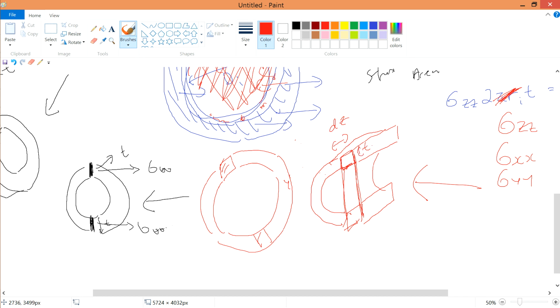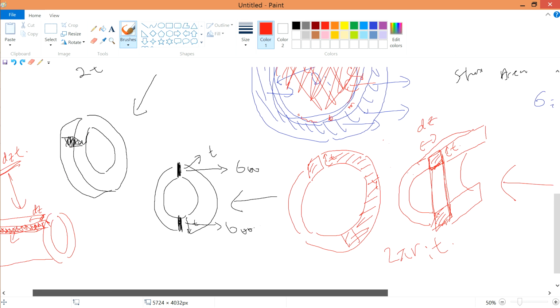However, if you were to look in this direction for the spherical one, then this is t, correct? And this area itself is not just dz times t anymore, not just 2 times dz times t as for a cylindrical one. You're going to talk in terms of a circumference, which is 2 pi r t. It is due to this geometry that the hoop stress and the longitudinal stress are the same.